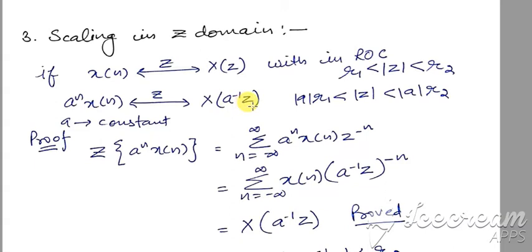Then the ROC will become mod a r1 is less than mod z is less than mod a r2. Means the region of convergence will be in between these two regions.